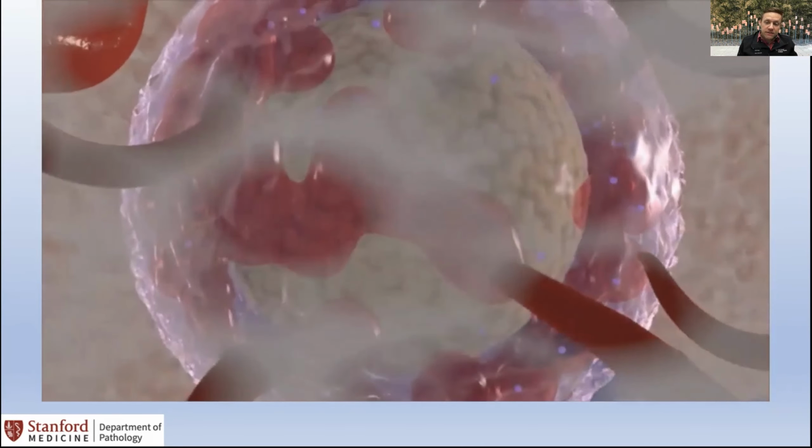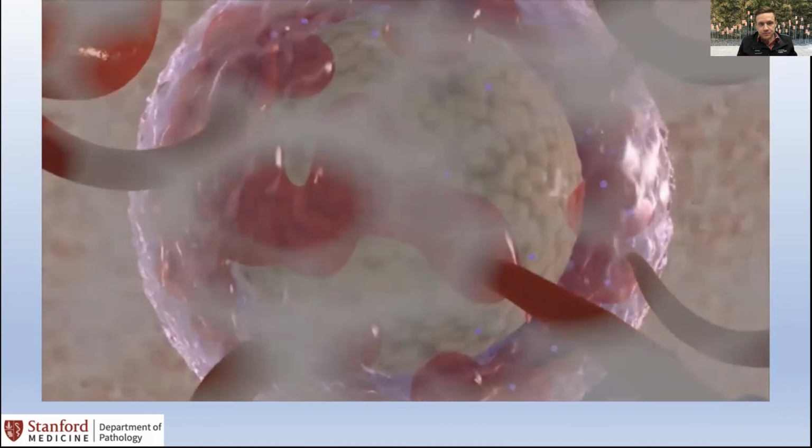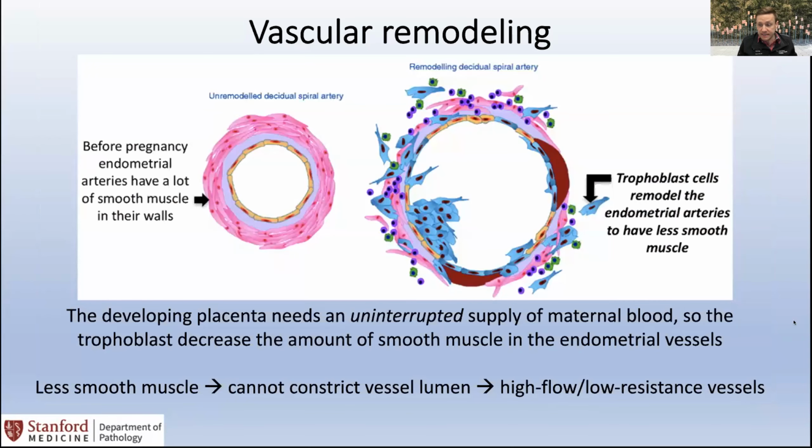And as a part of this early remodeling, it has to change the very nature of the blood vessels, right? So arteries have smooth muscle that can make them constrict or relax, changes the shape of their lumen. Normally, that's a great thing, but not in the placenta. You want uninterrupted blood supply, right?